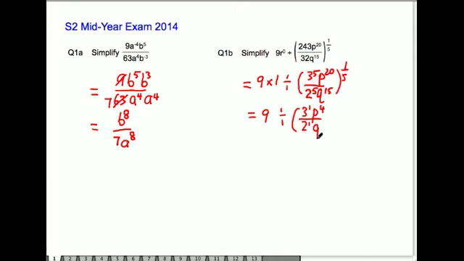And similarly, we have q to the power of 3. Next, we take care of the division sign by inverting the fraction. 2q cubed over 3p to the power of 4. And cancelling the common factor, we have 6q cubed over p to the power of 4.